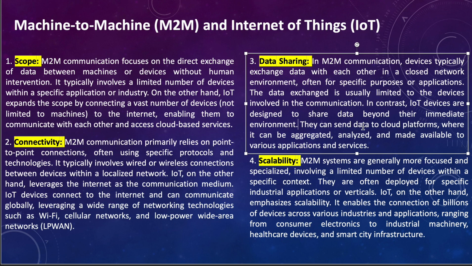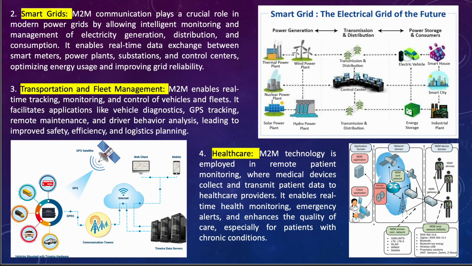IoT devices can send data to cloud platforms where it can be arranged, analyzed, and made available for various applications and services. What is the best example? When we talked about these different domains, we talked about how these different domains share the same set of IoT data, which was weather data. The example we took was weather data, right?